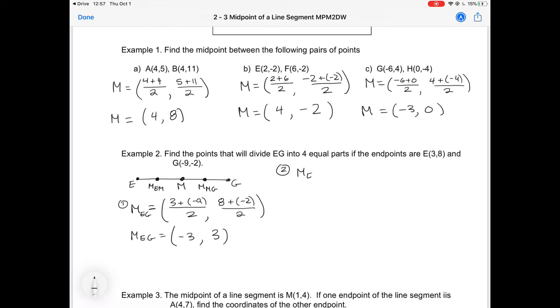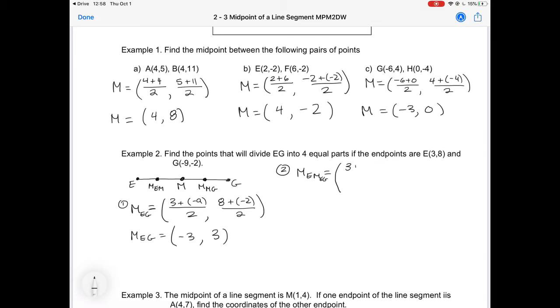So the next one that I will do is the midpoint between E and M. I'm going to add my midpoints together, and let's say mid EG, so you know which point I'm using. I'm going to add my x-coordinates together of my original midpoint and my E coordinate.